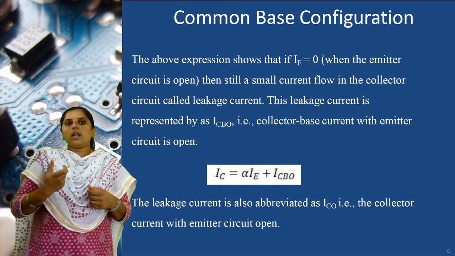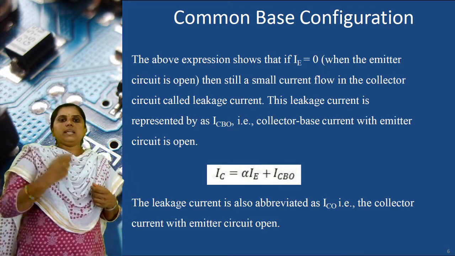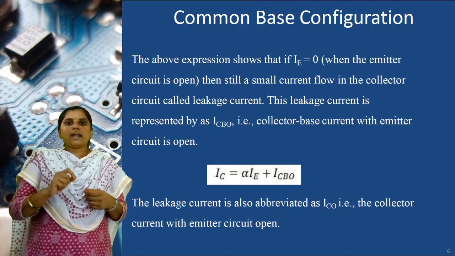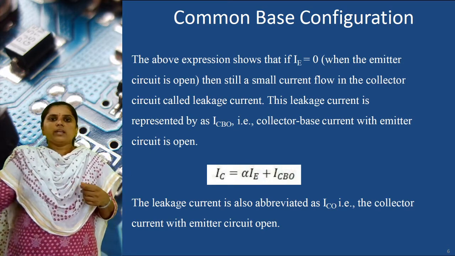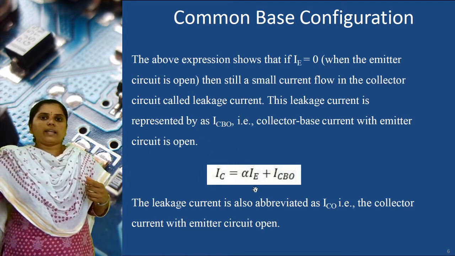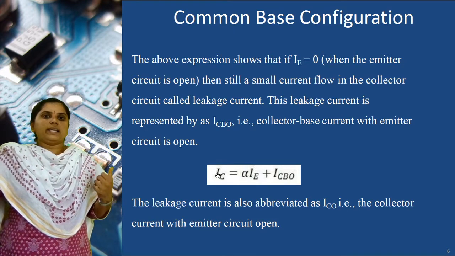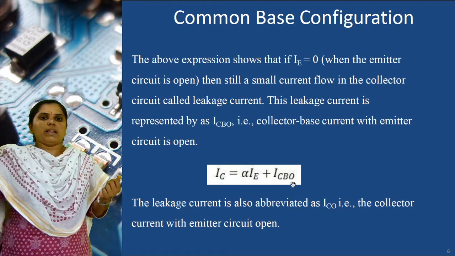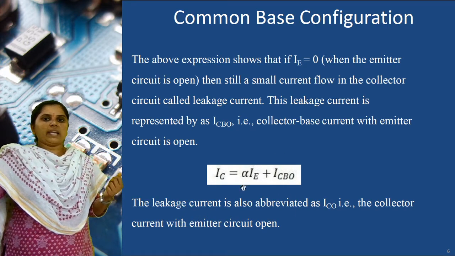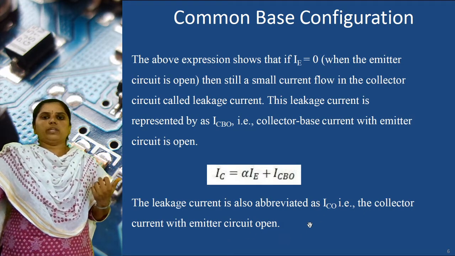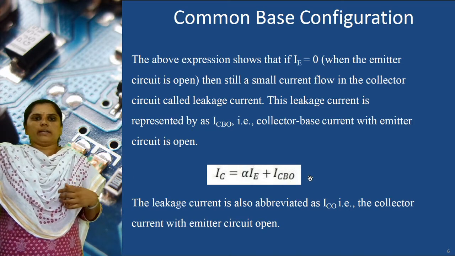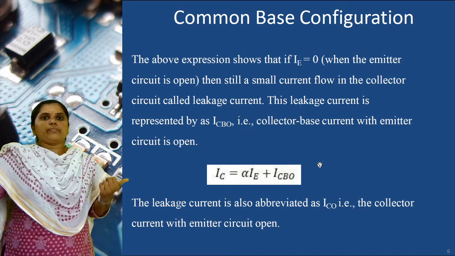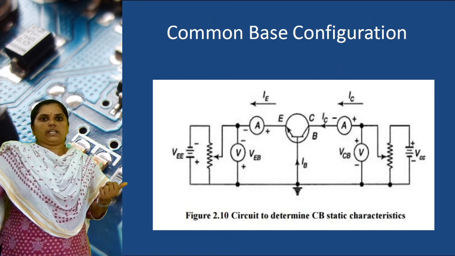That is called the leakage current, represented as ICBO, the collector base current with the emitter circuit open. Finally, the collector current is IC equal to alpha IE plus ICBO. The leakage current is also abbreviated as ICO, the collector current with emitter circuit open. ICO and ICBO are both the same. Is it clear? So this is the leakage current in the common base configuration.